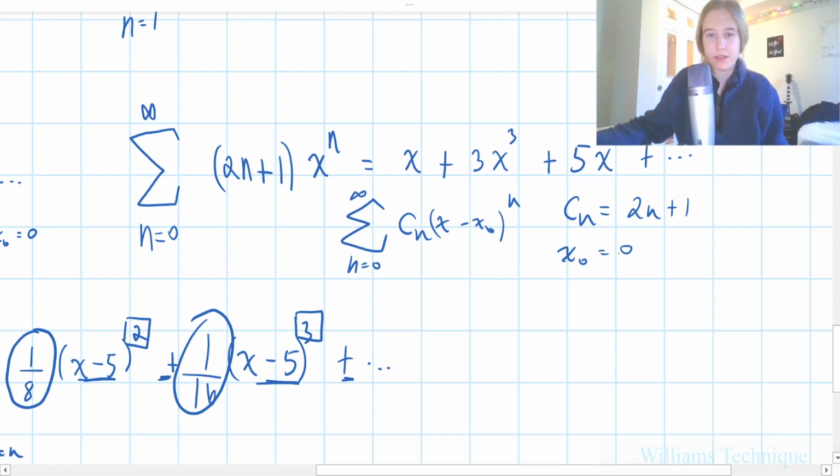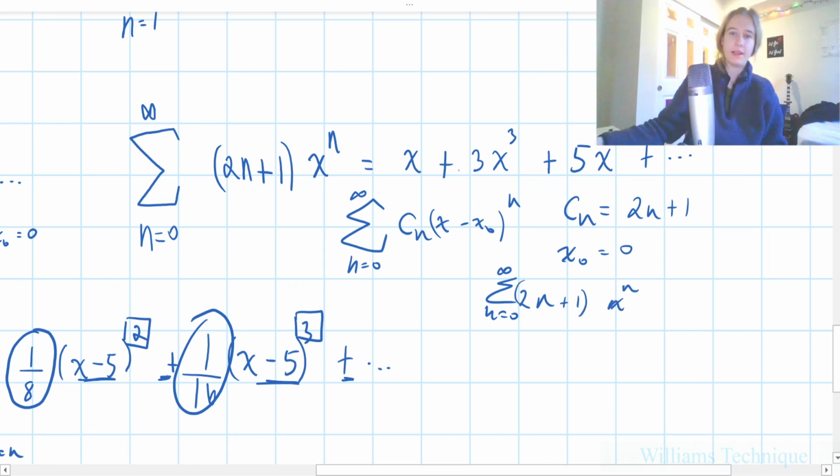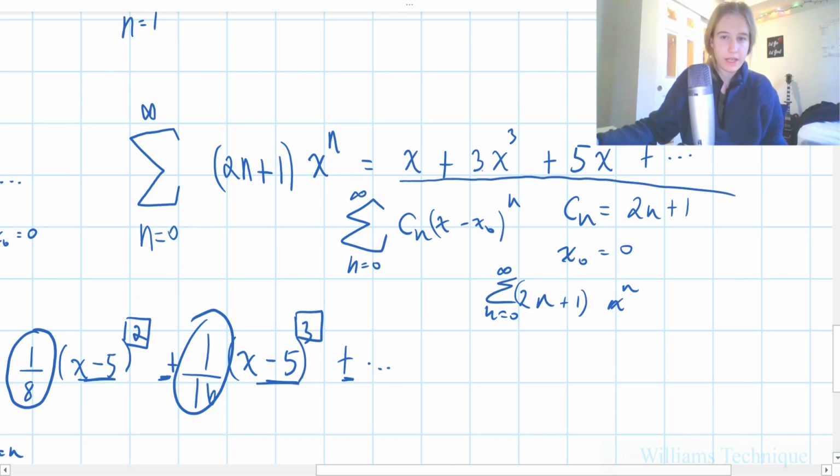Because here Cn is just equal to 2n plus 1, and x naught is equal to 0. Therefore, we can say that the series is essentially just the sum from n equals 0 to infinity of (2n plus 1) x to the n. Sorry, that's really bad handwriting.